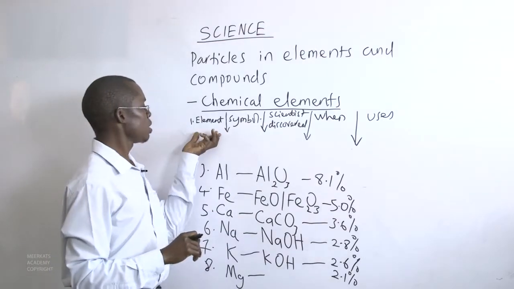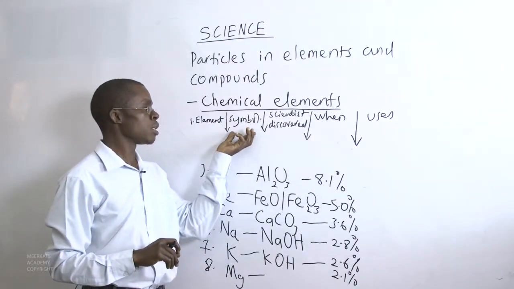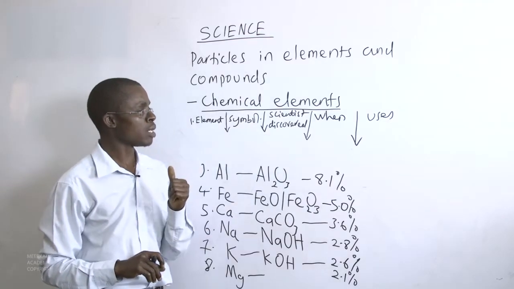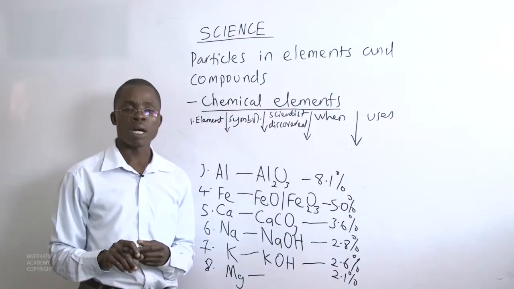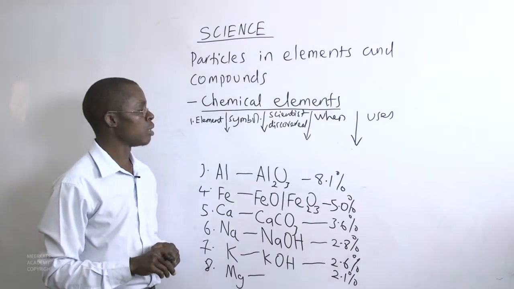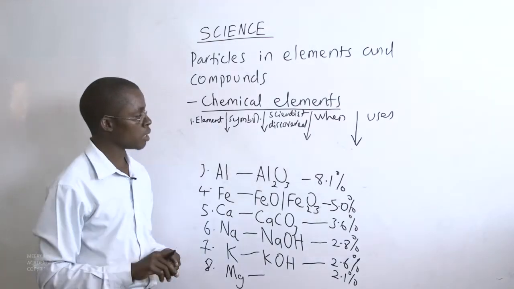So you identify the element, the symbol of the element, the scientist who discovered, when was it discovered, and at least one use of that particular element.